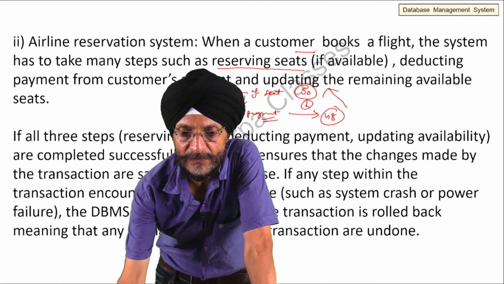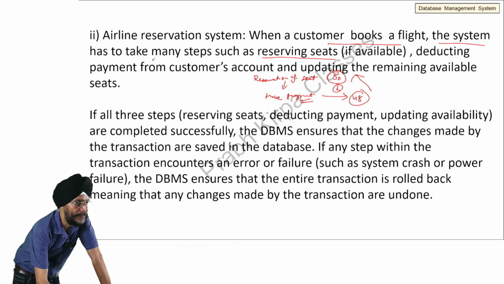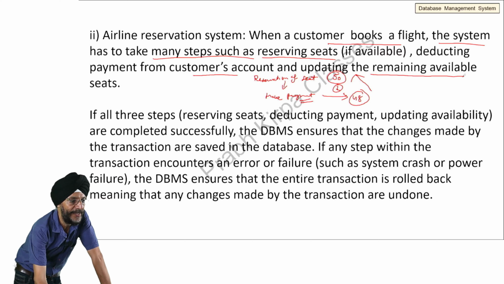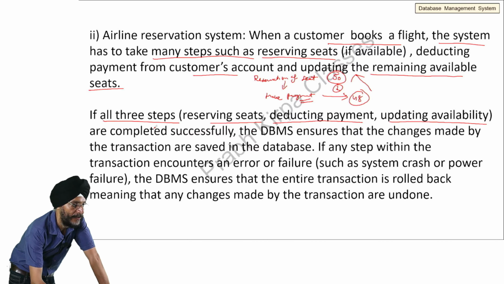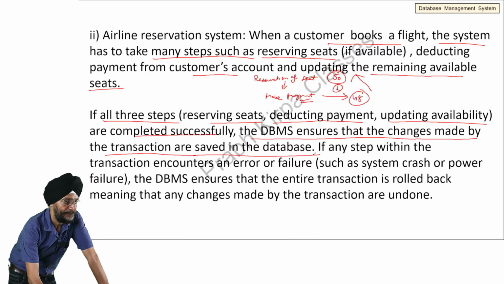When a customer books a flight, the system has to take many steps, such as reserving seats if available, deducting payment from the customer's account, and updating the remaining available seats. If all the three steps are completed successfully, the DBMS ensures that the changes made by the transaction are saved in the database.